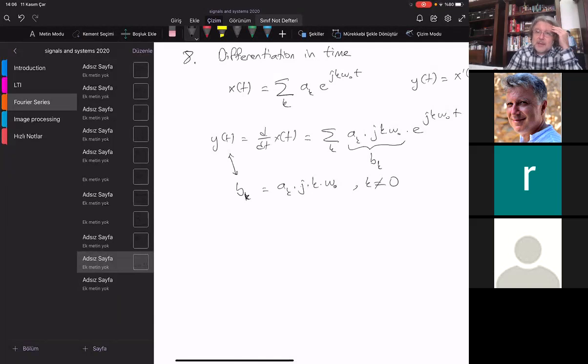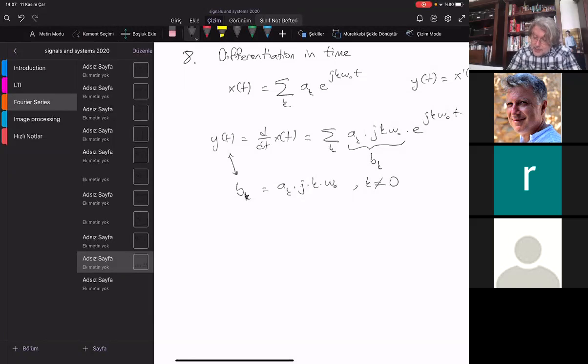So you should take care of the DC coefficient, A0 or B0 or C0, separately, okay? So the differentiation in time property is valid for the coefficients with an index k different than 0. It can be for -1, +1, +2, -5, etc., but not k equal to 0.